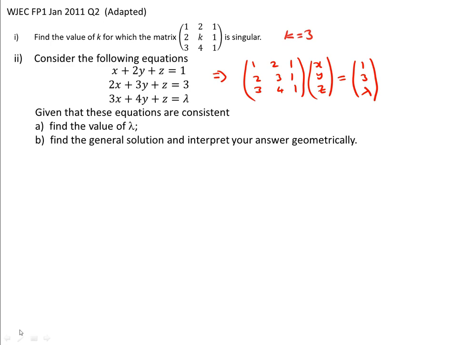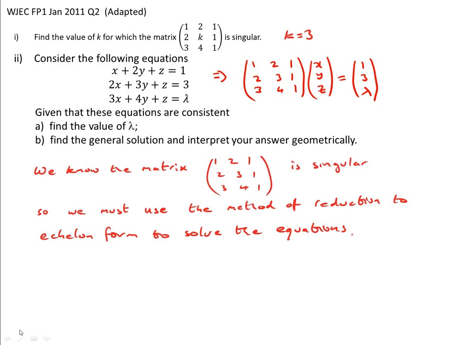The matrix has a zero determinant. The matrix does not have an inverse. So, because the matrix doesn't have an inverse, we cannot use the inverse matrix method of solving the simultaneous equations. We must use the method of reduction to echelon form to solve the equations.